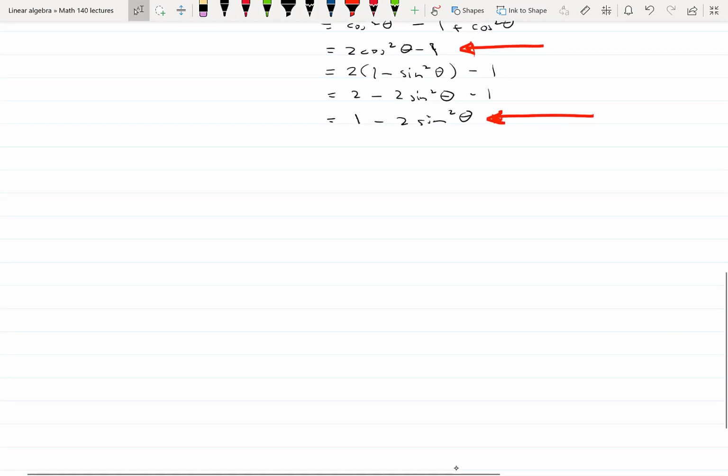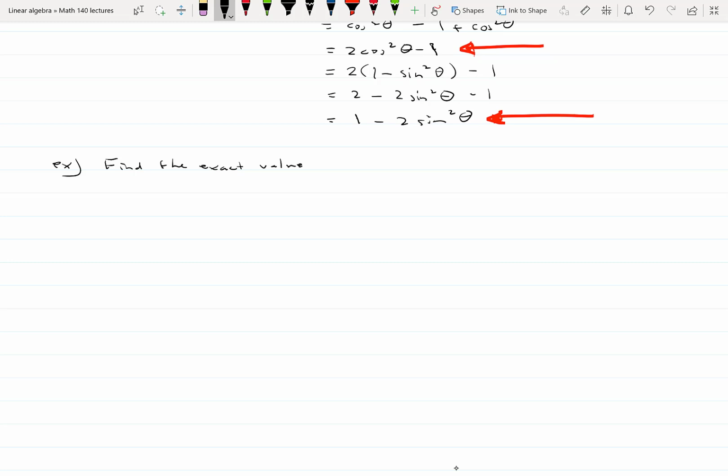Let's do a numerical problem. For example, find the exact value. So what does that mean for us? It means no calculator.